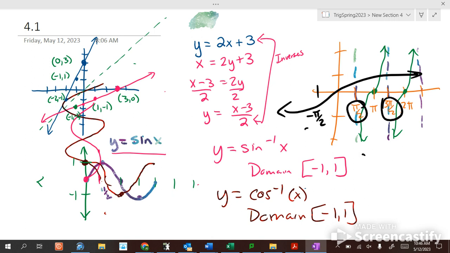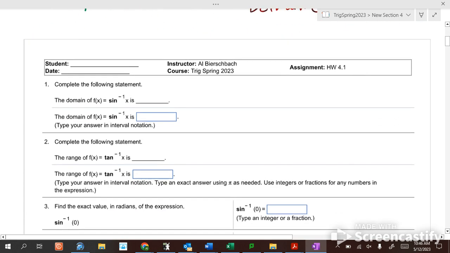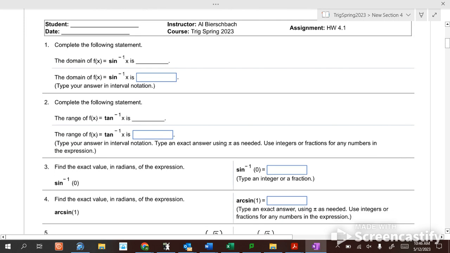So, we're going to scroll down now, Nathan. All right. So, if we're looking at what is the domain of the inverse of sine, the domain was the old range. So, that's in between negative 1 and 1. Okay?